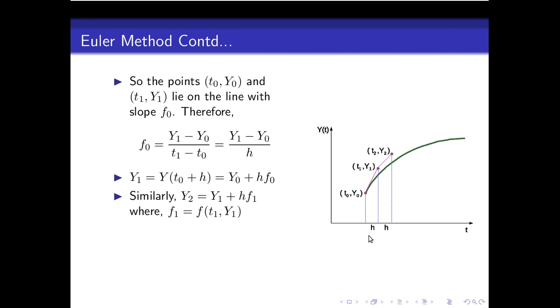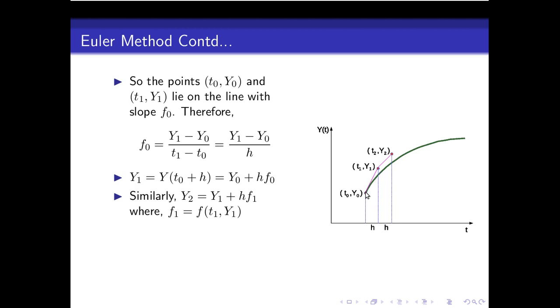And similarly, from y1 we can reach y2, and this y2 will be y1 plus h times f1. What is f1? f1 is the given function, but evaluated at t1, y1. Now notice carefully that t1, y1 is not a point on this curve, and since we don't know the exact solution, we cannot locate a point on this curve.